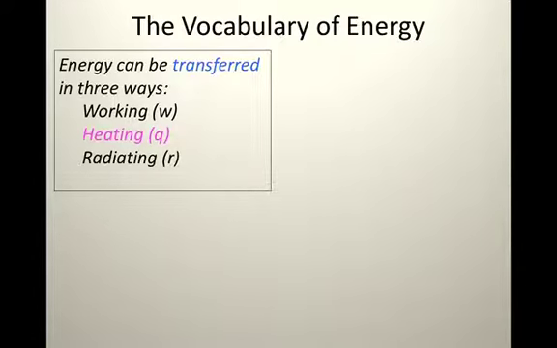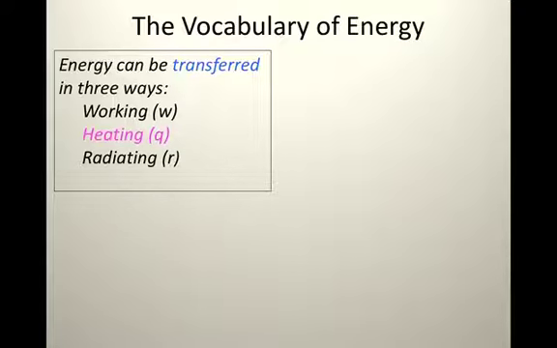You did a reading while you were doing the lab, and we talk about energy transfer, and there's three ways that we're going to talk about in science: work, heat, and radiating. We're not really worried about working, that's making things move, and we're not really worried about radiating.